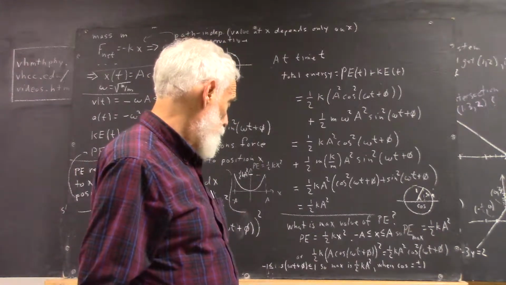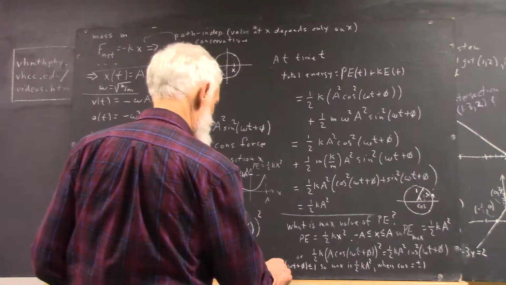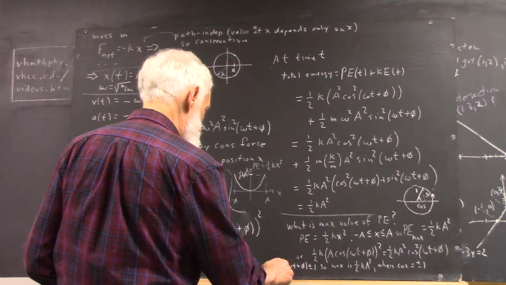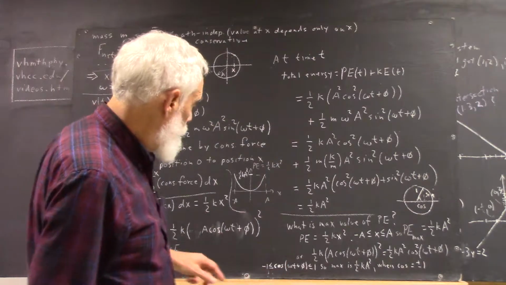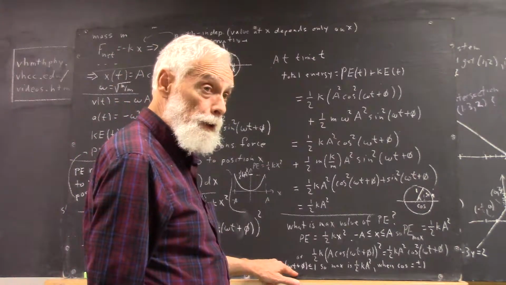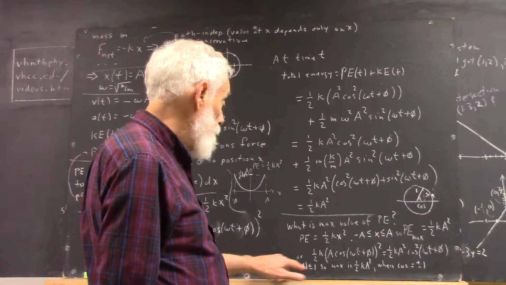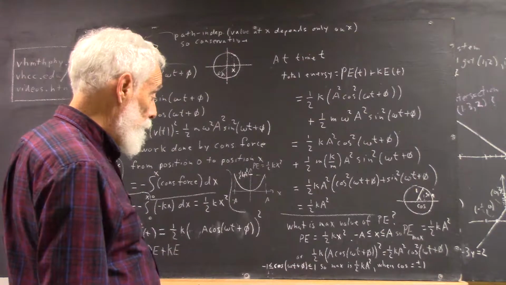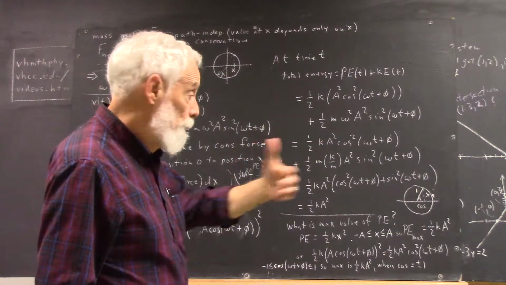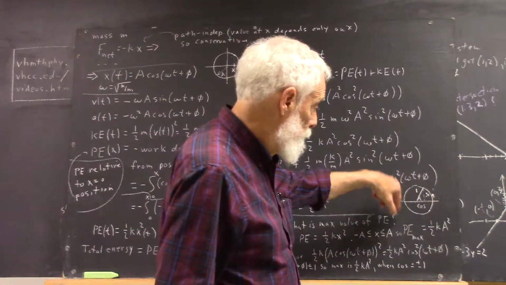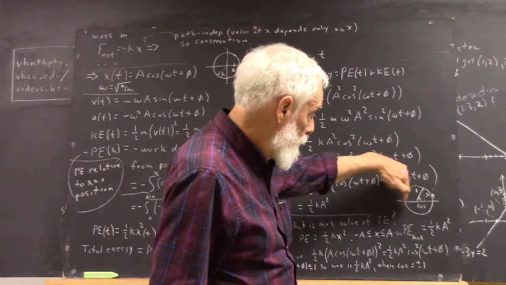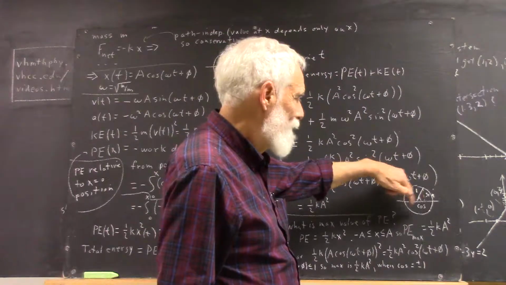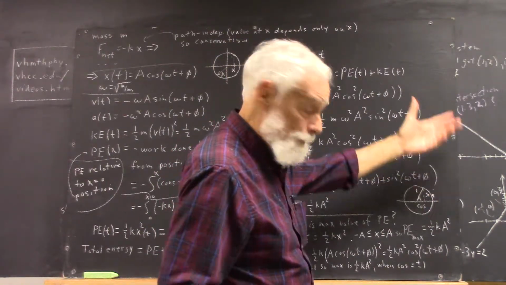Well, the cosine of omega t plus phi takes every value from -1 to 1 as you move around the circle. Okay, here's your unit circle. The cosine can be as small as -1, as big as 1. It's between -1 and 1.